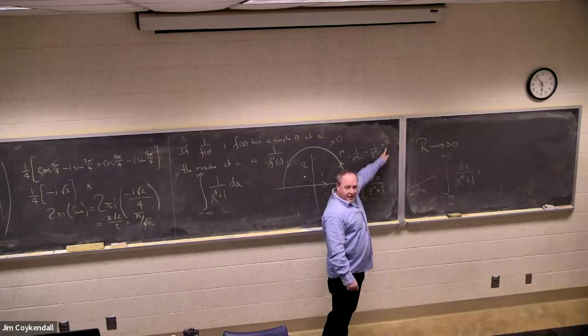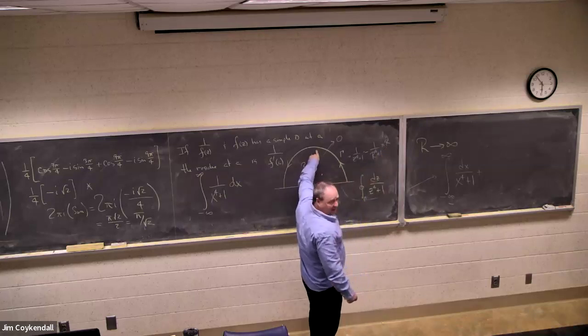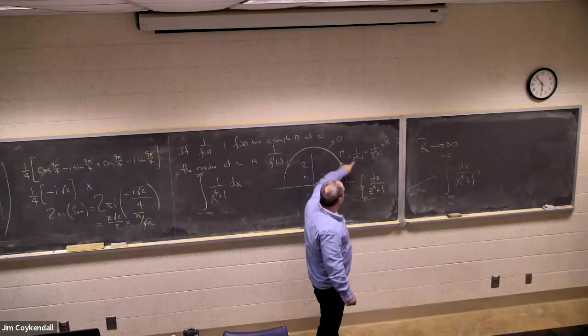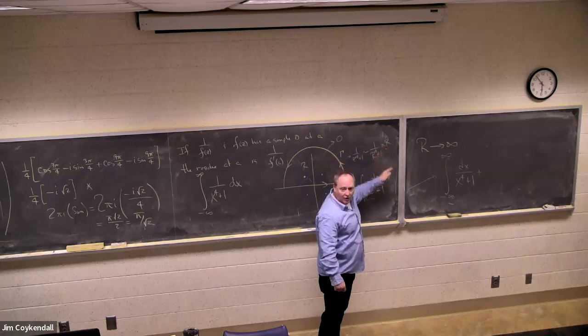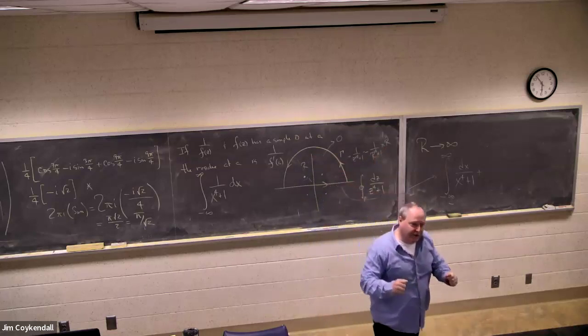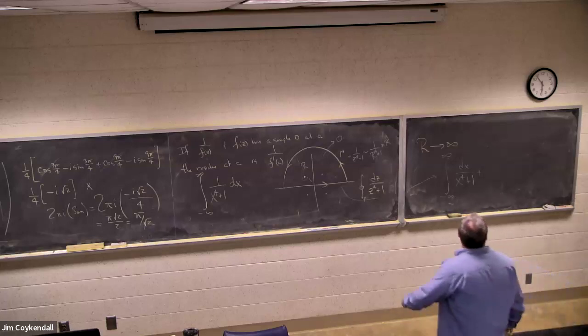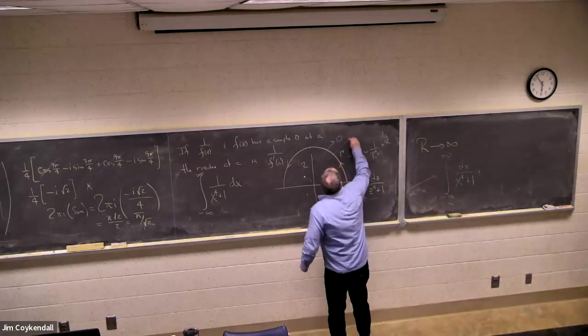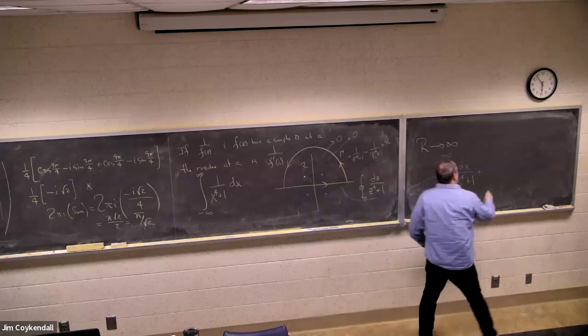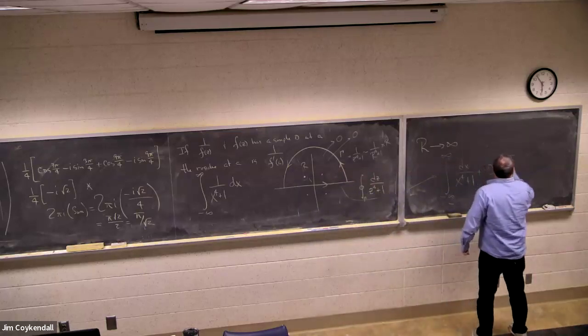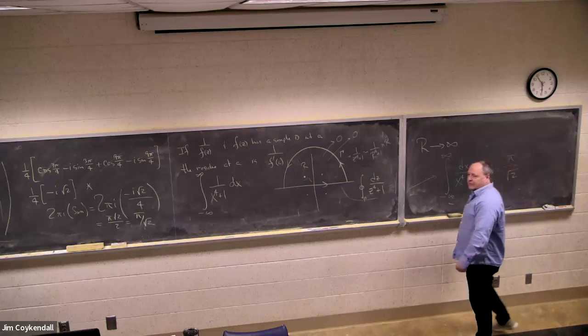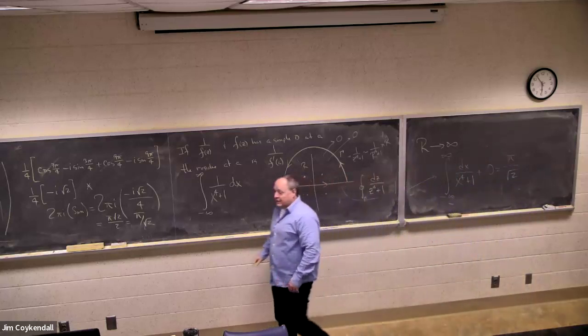So this integral is bounded by the length of the contour times the maximum value of the function. So it's bounded by pi R over R to the 4 plus 1. And what happens to pi R over R to the 4 plus 1 as R goes to infinity? It goes to 0. It basically behaves like 1 over R cubed. And that justifies it. So there you go.